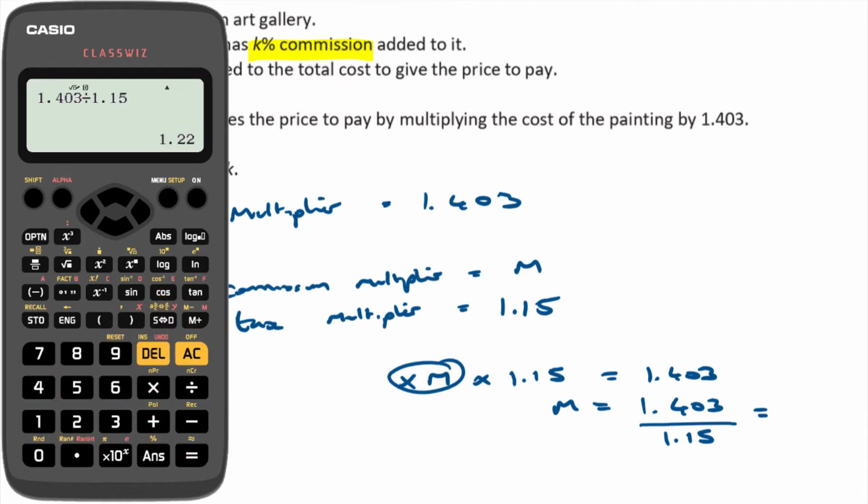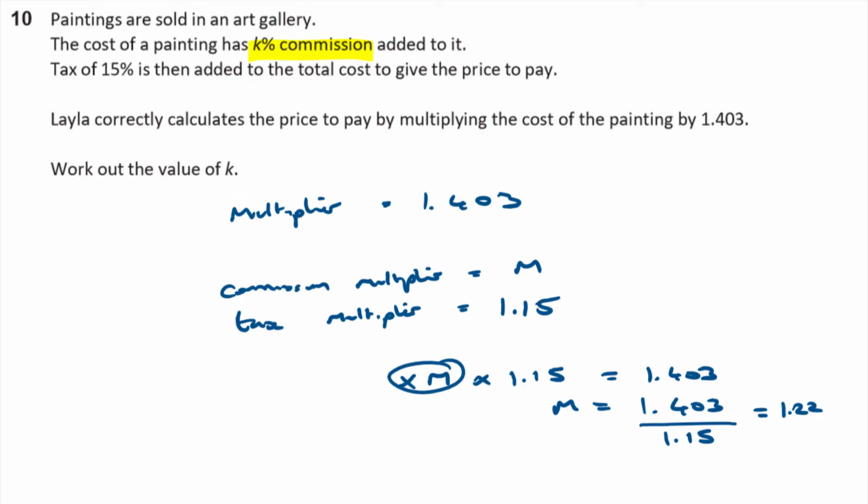That comes out to be 1.22. Okay, which is 122%, isn't it? Which means that the commission k must have been 22%.